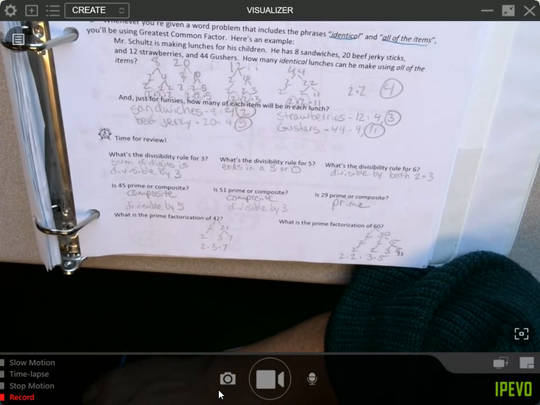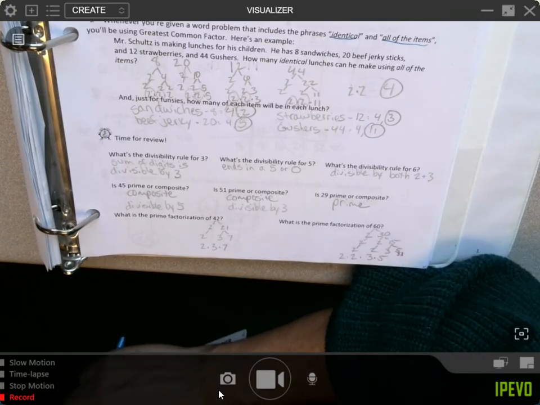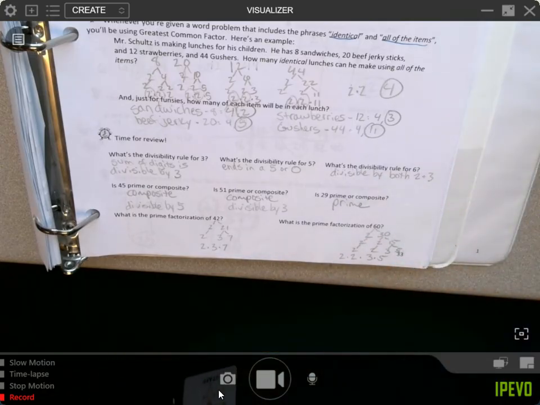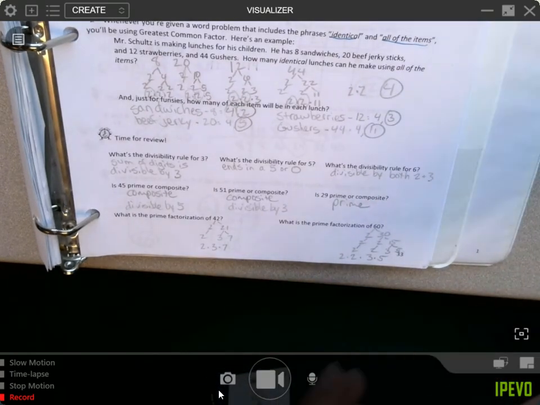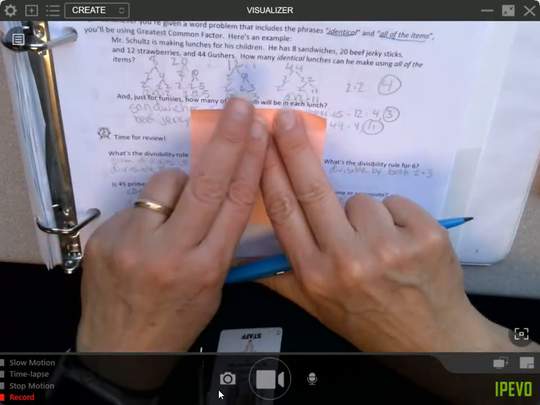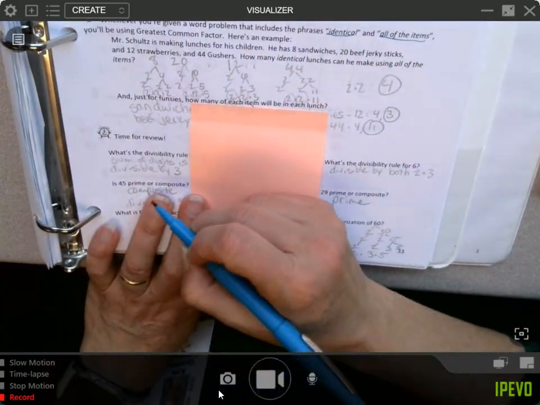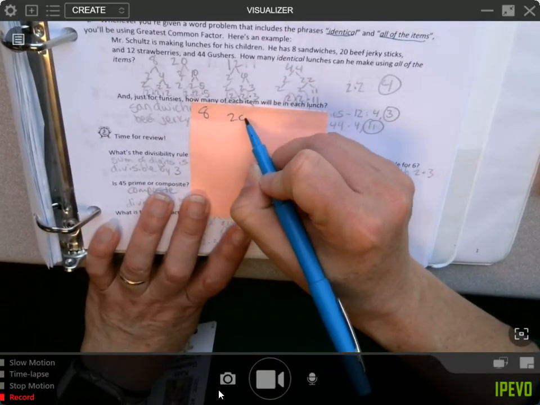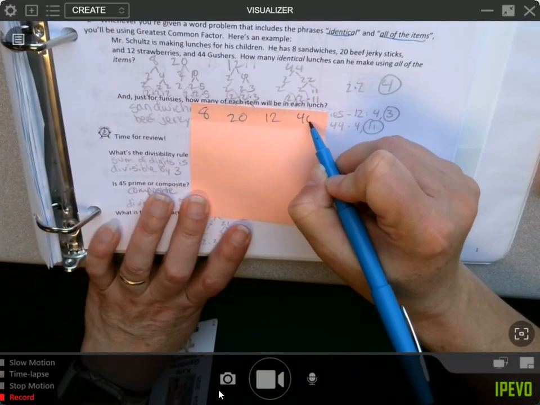Any questions on that one? Adeline, I got A. What method did you use? You listed? Okay, so if we were going to list for these, we would have 8, 20, 12, and 44.